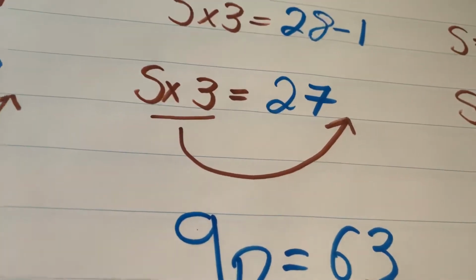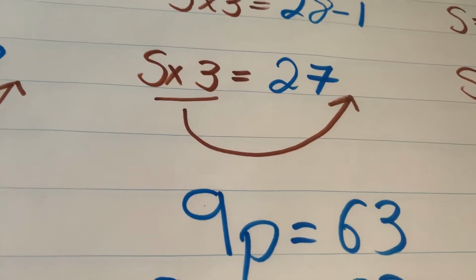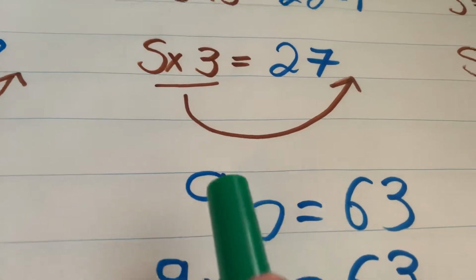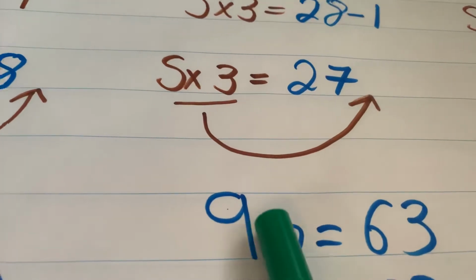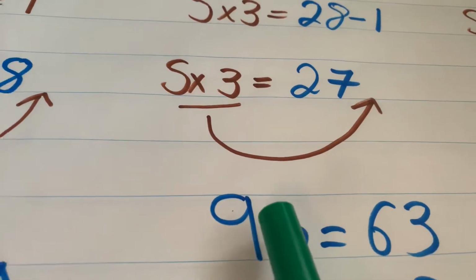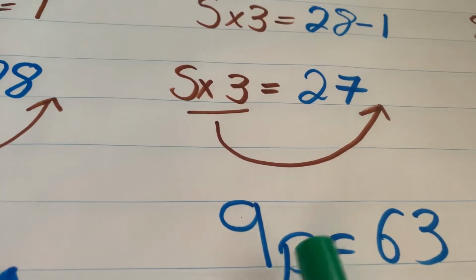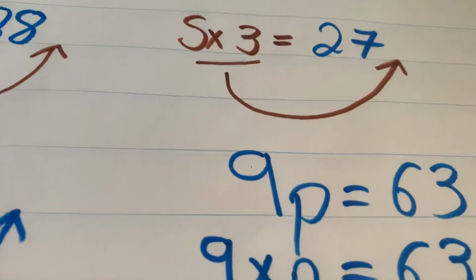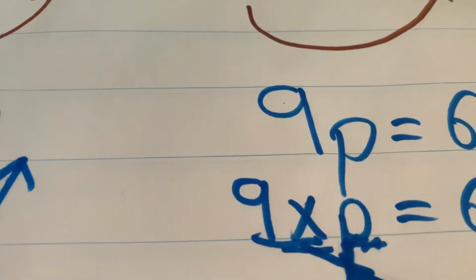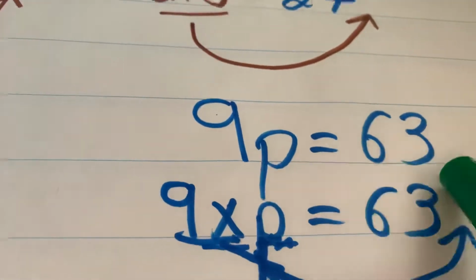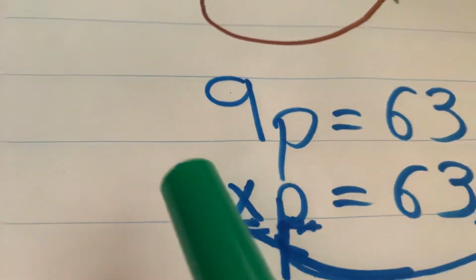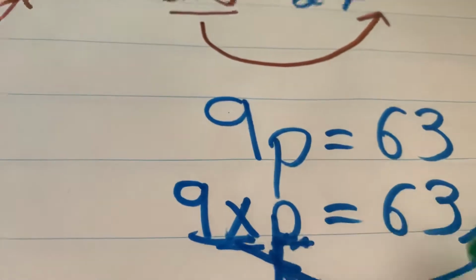9p equals 63. Well, as I've discussed in other videos, whenever you see a number and a variable beside each other and there's no operation that you can see between them, what it really means is multiplication. You'll have to excuse my janky writing here. So 9p equals 63 is the same thing as 9 times p equals 63.